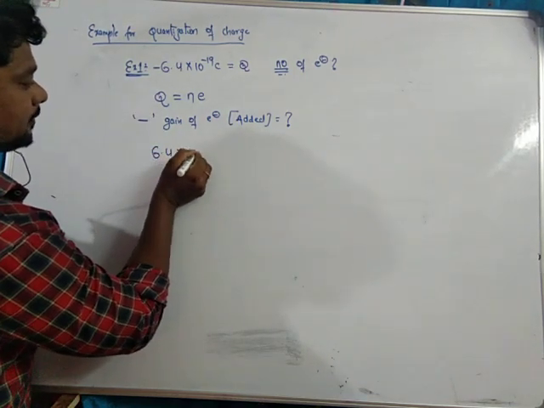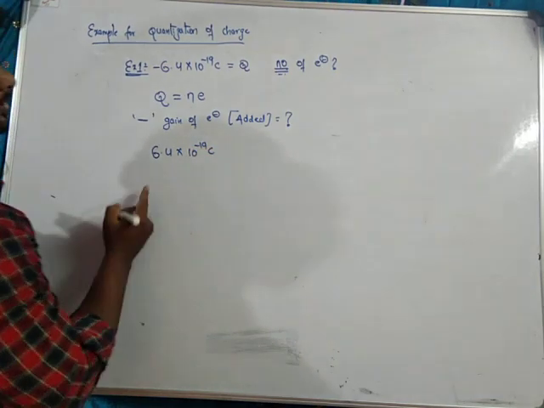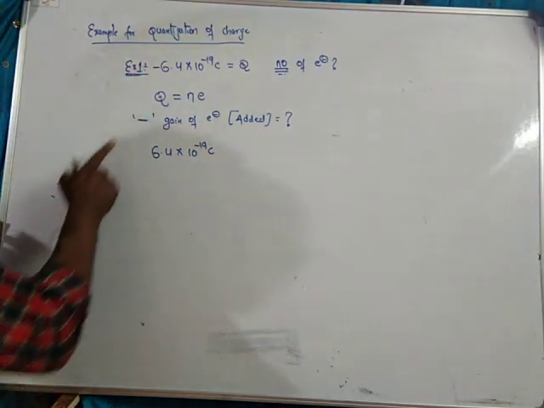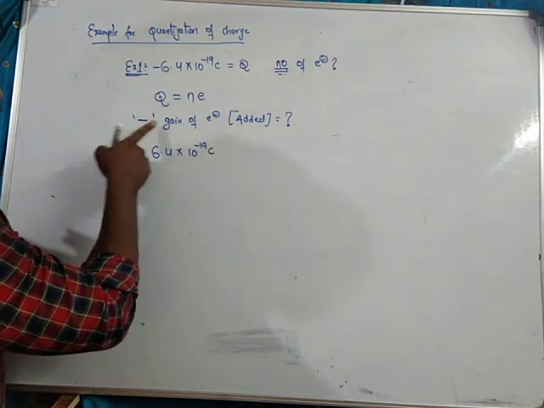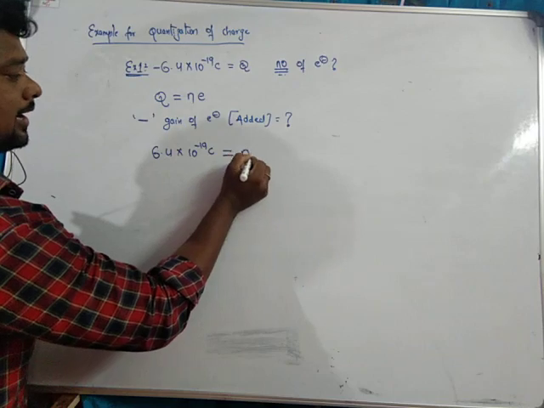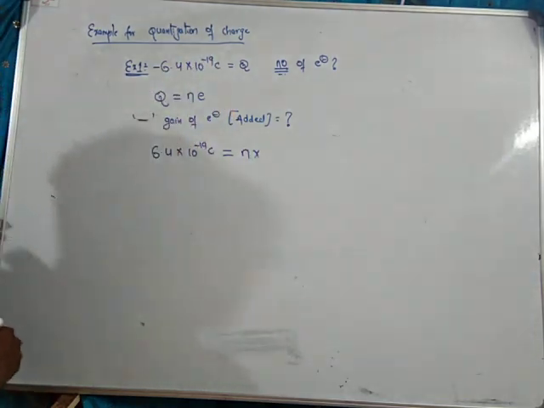6.4 into 10 to the power of minus 19 coulombs. This is the given value of Q, where we have a negative sign, which we call a gain of electrons, equals N into the charge of an electron.